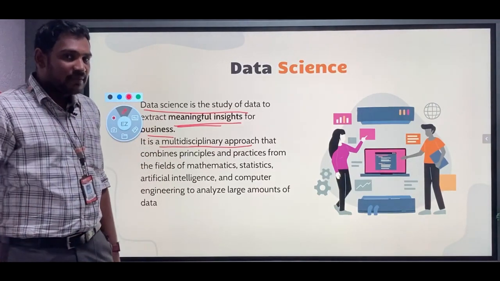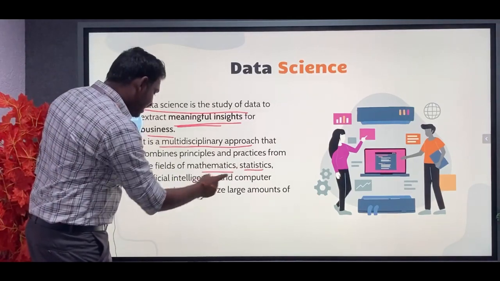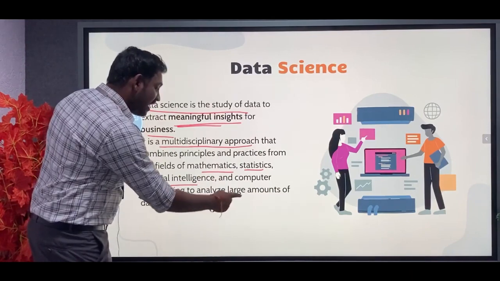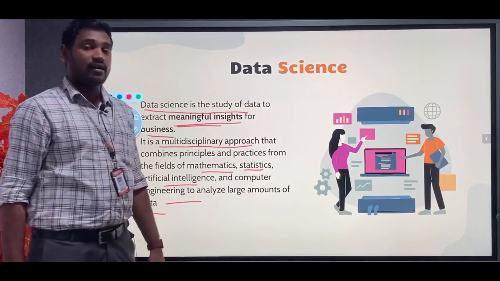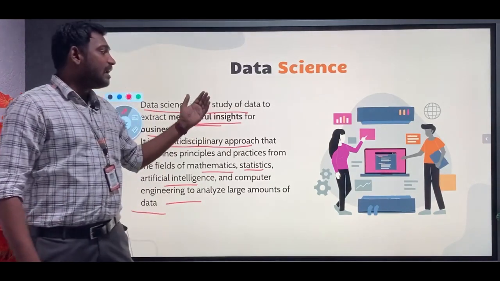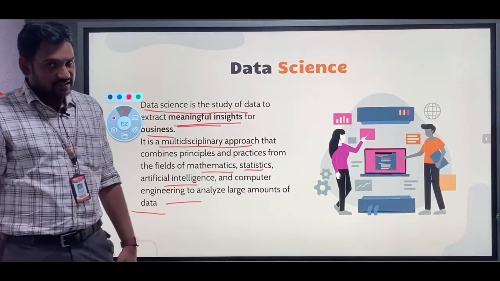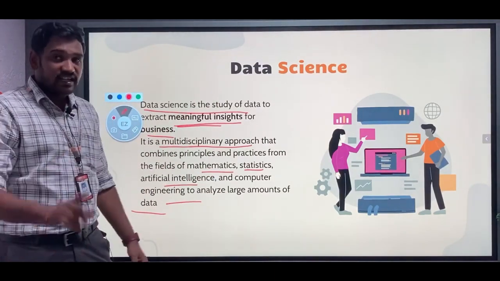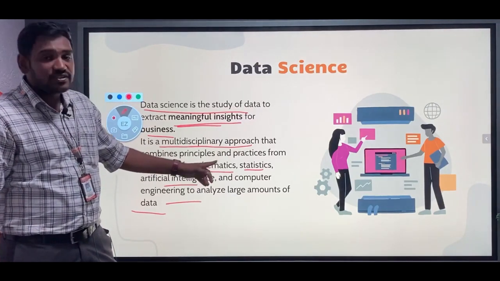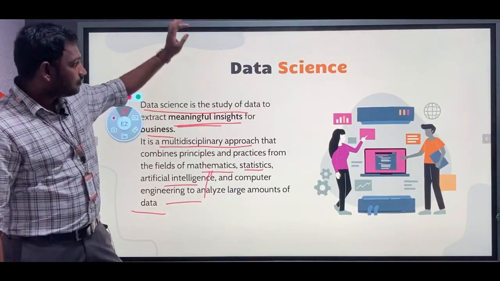So if you want to become a data scientist, you need to know basic concepts of mathematics, statistics, AI and computer engineering to analyze large amounts of data. So this is the thing you need to understand. It's not a single subject; you need knowledge in many subjects to become a good data scientist.